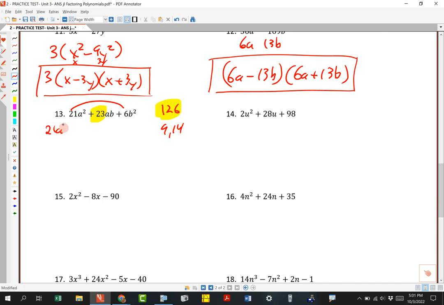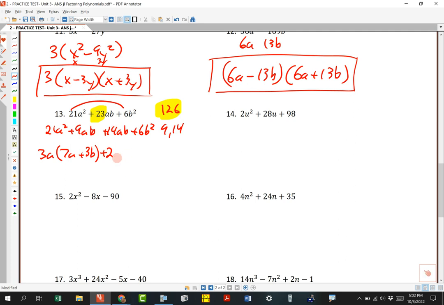So I'm going to have 21a squared plus 9ab, and then plus 14ab, and then plus 6b squared. So out of these two, we can take a 3a. We're left with a 7a plus 3b. Out of these two, I can take a 2 and a b.